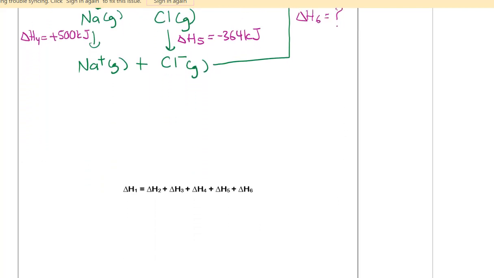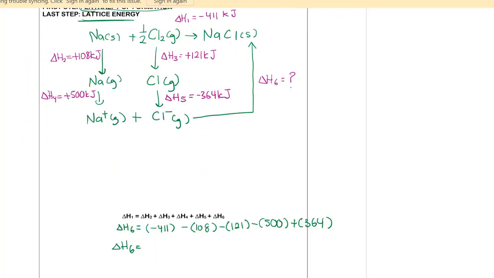Okay, and then kita akan insert the value. Okay, bila kita nak cari delta H6 sebab delta H6 ni refer kepada lattice. So delta H1 kita pindahkanlah, tolak delta H2, tolak delta H3, tolak delta H4. So tolak delta H5. So delta H5 ni negatif, so pindah sana jadi positif lah. So lattice memang kita akan dapat jawapan negatif 776.